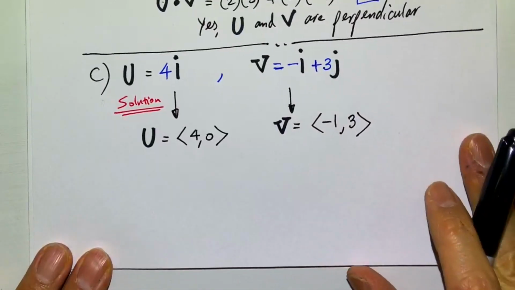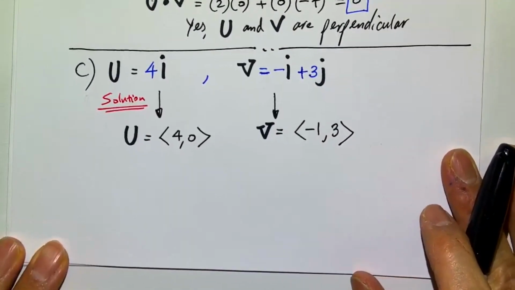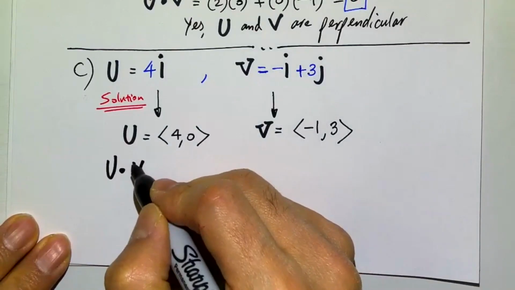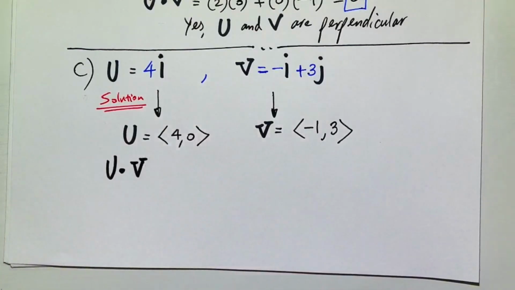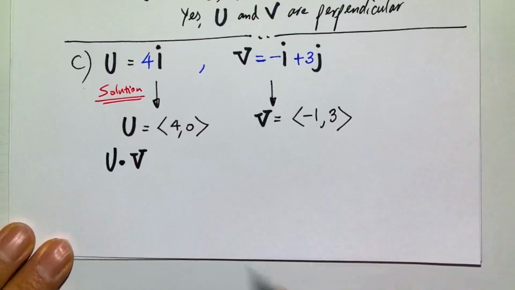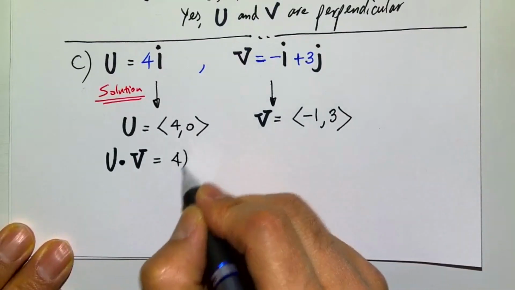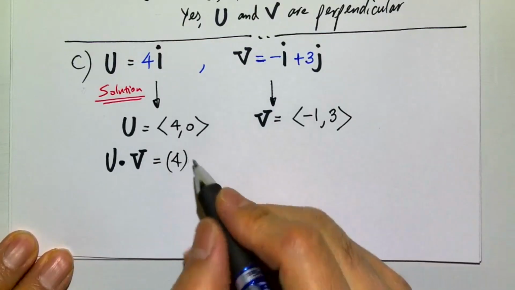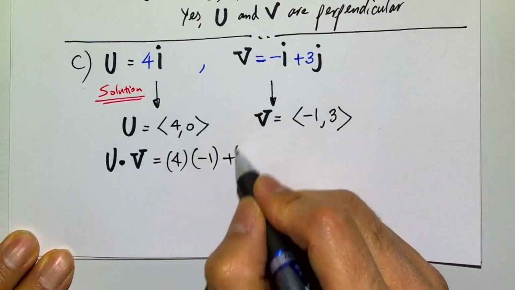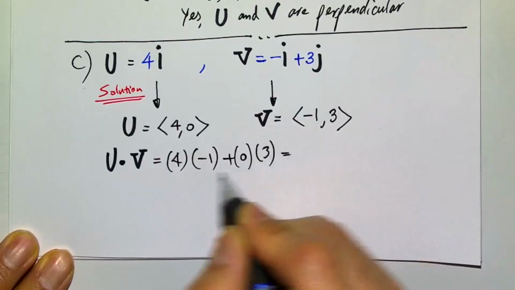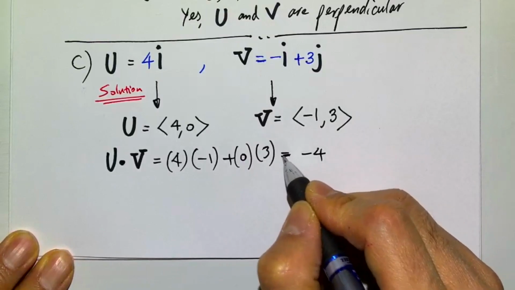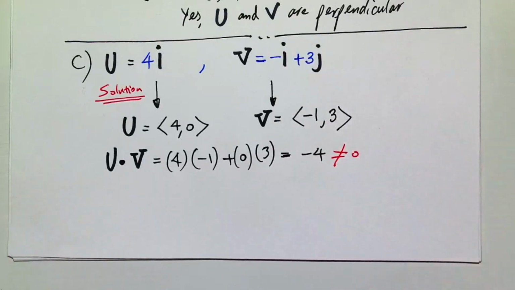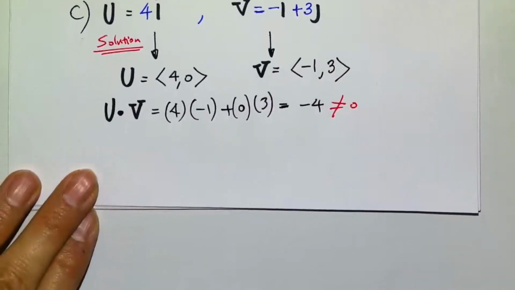So let's find the dot product. So we have 4 times negative 1 plus 0 times 3. What do we get? We get negative 4, right? This is not equal to 0, so the vectors are not perpendicular.